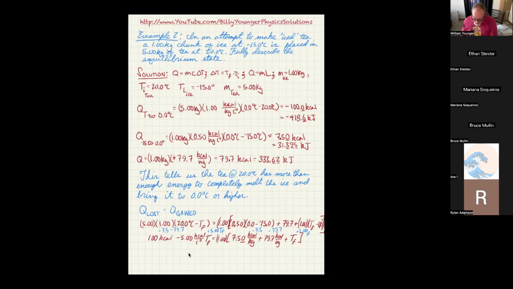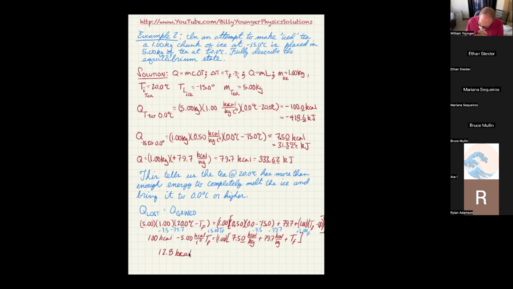And when I do that, I'm going to get 100 minus 7.5 minus 79.7. And that gives me 12.8. So now I have 12.8 kilocalories. Now remember, since I've already multiplied through by that 1, which was kilograms, that's why I just have kilocalories now instead of kilograms, but that's what's happened there.